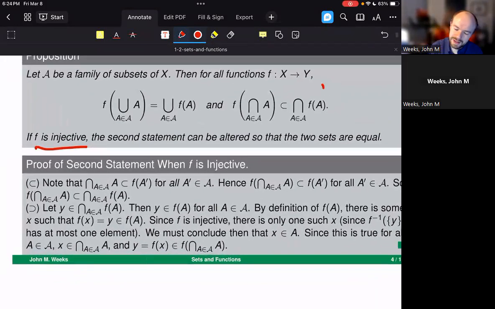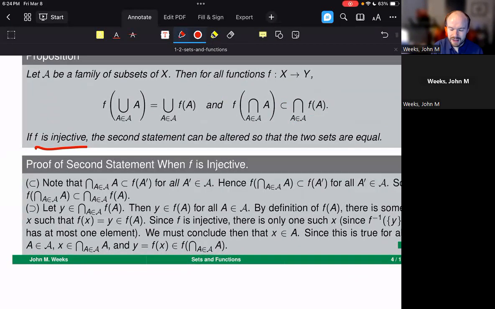So here now I'm going to be looking at the second statement. My recommendation after this is to try and do the first statement on your own. So this way, because F is injective, I'll be able to prove both parts of this equality. I'll be able to remove this and put an equal sign there instead. But notice that when I'm using the other direction for this subset, then I'm going to need to use the fact that F is injective.